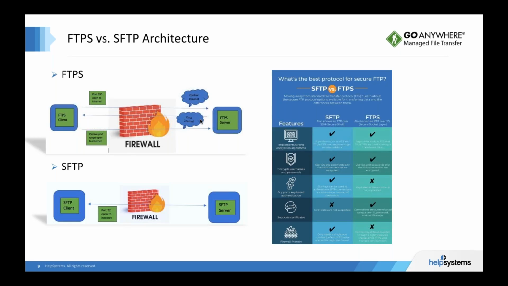Active works separately, where the client would have to request that it wants an active data channel. And at that point, it will communicate to the server and tell the server where to establish the connection on the client side. I'd say we still see this sometimes internally. Say you've got an internal FTP server and client, little less concern of that, because maybe your internal firewalls are turned off and you're letting your servers or PCs in your network communicate with one another.